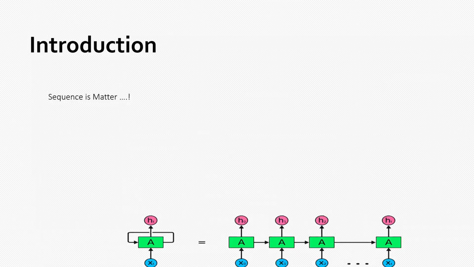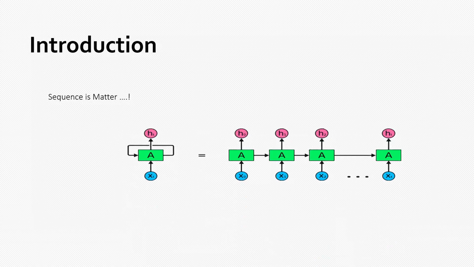So if we look at this vanilla RNN architecture, you can see that there is an output denoted by HT, and another input denoted by XT. It means that during the time stamp, each word or data is processed.